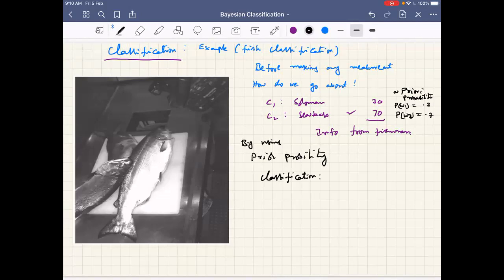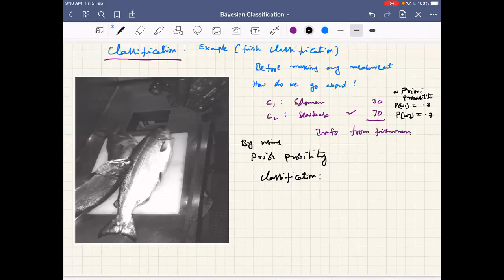I just got this information from a fisherman or someone. Based on the location, I know the sea, the kind of water there, and based on that water, I can tell that roughly this kind of fish may be more probable. So I have such information either through analysis of the surroundings or from some domain knowledge. Now, given these prior probabilities alone, how do you think I will make a classification?